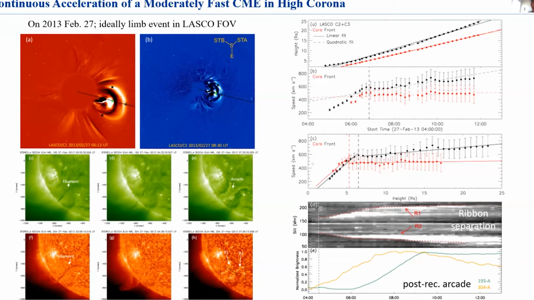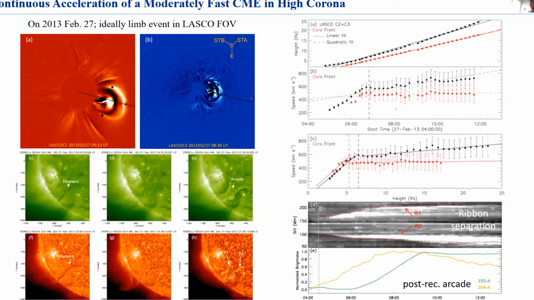We plot the light curves of the EUV observations and the slit of the two bright ribbons, and the long-duration separation of the ribbons and the light curves indicate that the magnetic reconnection may also last for quite a long time. This long-lasting magnetic reconnection will contribute to the dynamic evolution of the CME, especially to the expansion and to the acceleration.